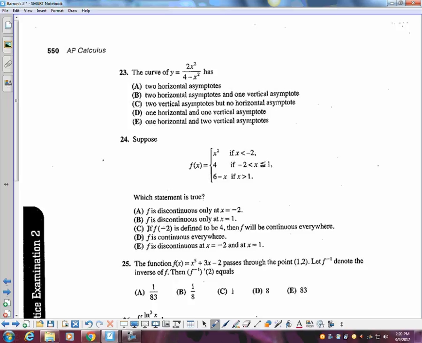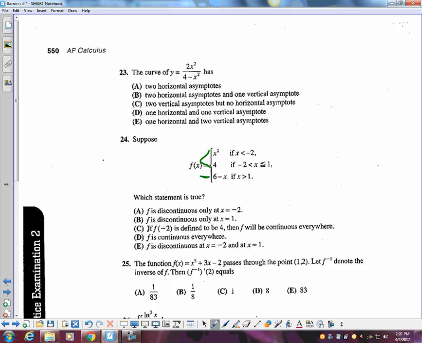I'm a 4 if x is in between a negative 2 and a 1, but do you guys notice that there's no equal to on the negative 2? So what does that mean? There's a big old hole there no matter what. No matter what these functions are, these 2 functions up here are not going to connect. Even if they meet up, there's going to be a hole there because no x is ever going to be a negative 2.